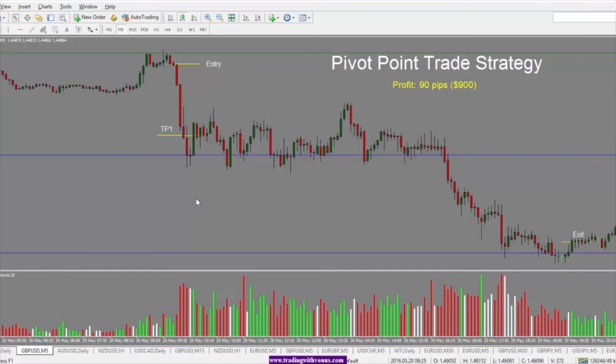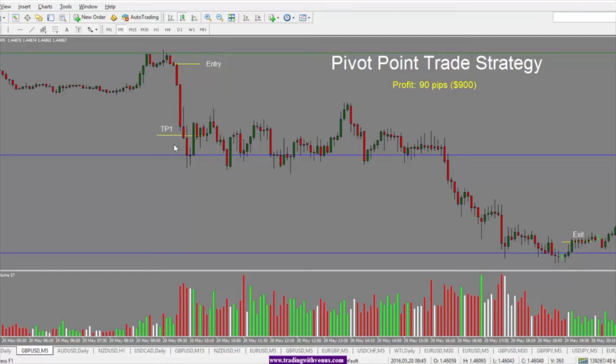So you can take partial profits at S1, and then wait for your second target, which will be S2. This blue line here is S2, and as we can see, the price holds this S1 level for a long time, finally breaks through S1, does a back test of it, and goes to S2. This is where the price starts going sideways and you can exit your trade.